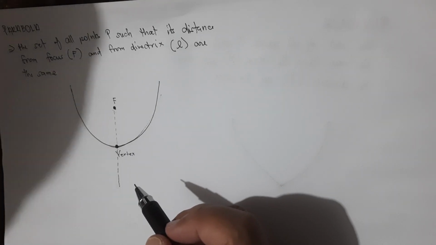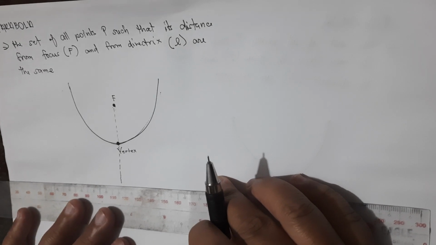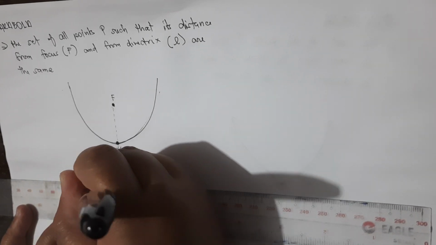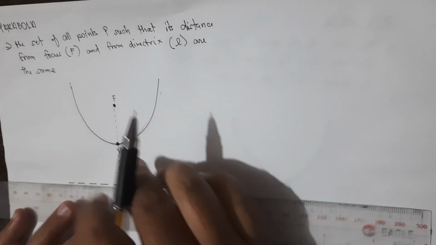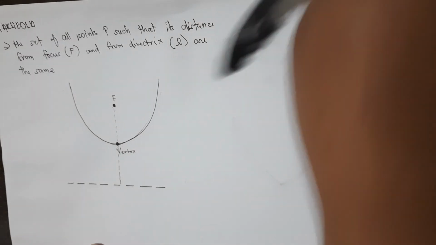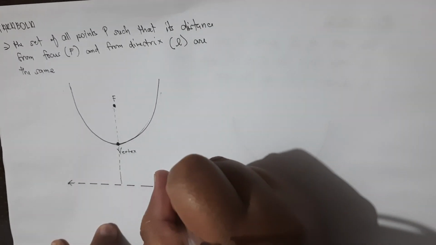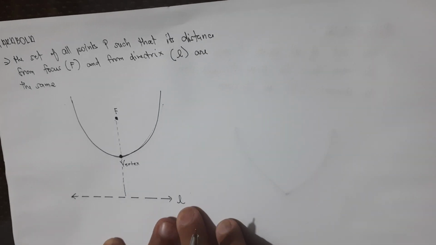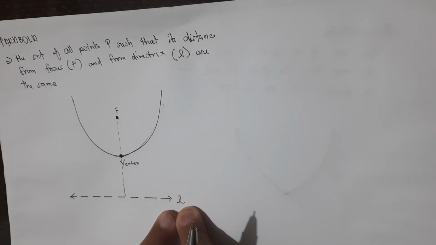And then let's make a line, a broken line rather. And that is what we call the directrix. We symbolize directrix as this somewhat small letter L.